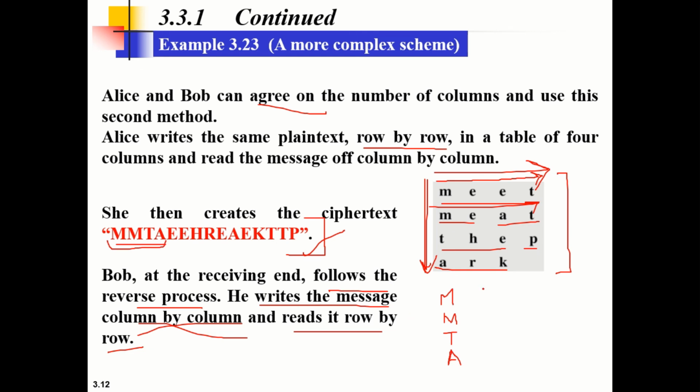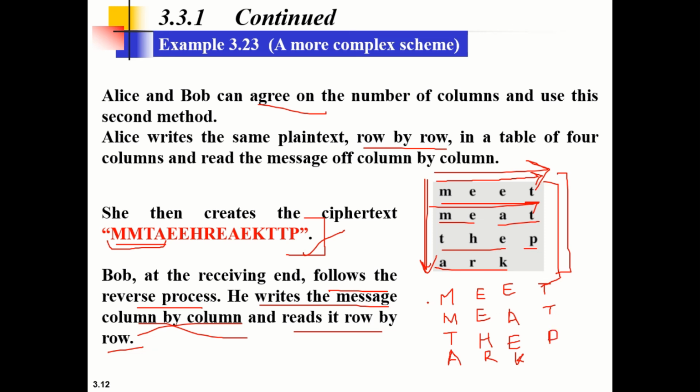Then we have E, then we again have E, then we have H and R, right? Then we have E, A, E, K. So you can see here we are getting the same matrix over here. So the last entries are T, T and P.